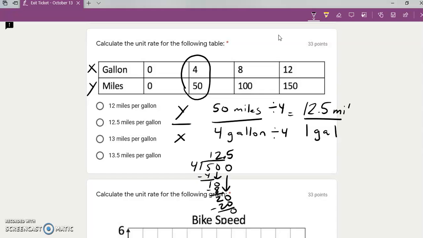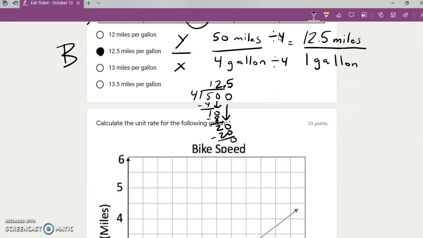So 12.5 miles per gallon is the unit rate for this first table. So my answer would be letter B right there. Again, 12.5 miles per 1 gallon is my unit rate.